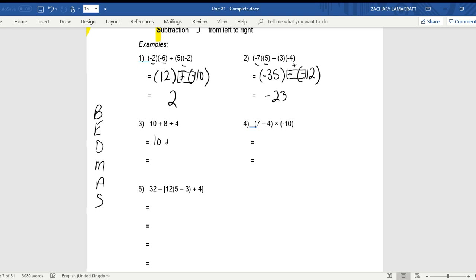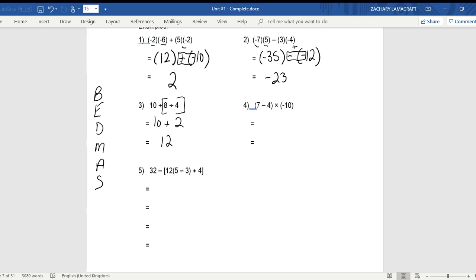So 10 plus, we're going to worry about 8 divided by 4. So 8 divided by 4 is that first thing we do, and that being 2. So it would be 10 plus 2, and our answer would be 12. Because we dealt with the division first, and then we go to do the addition afterwards.